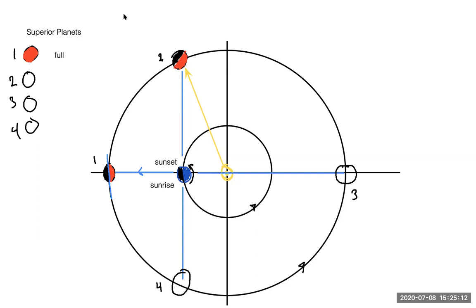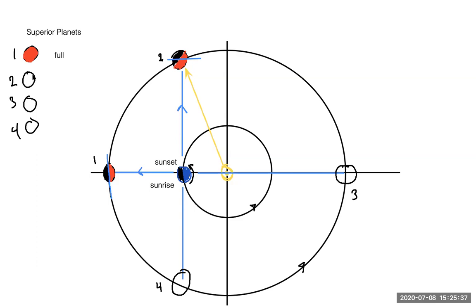Well, from Earth, we take a look from this direction. And from Earth, we'll see that this actually looks mostly full with a tiny sliver of shadow. So this is just like we saw with the moon. This is a gibbous phase.